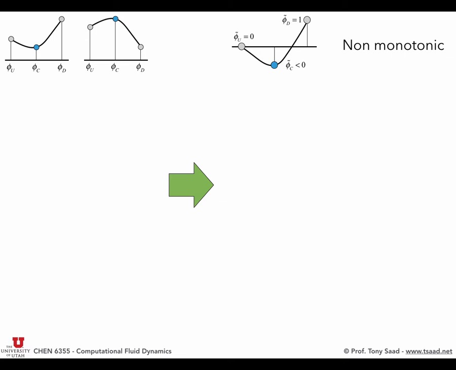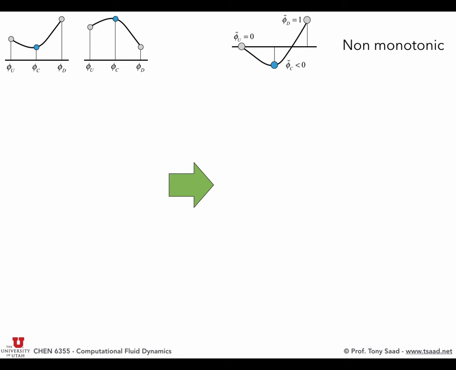This is the upwind with respect to C, and this is the downwind with respect to C. The value of phi tilde upwind is always 0, because that's the normalized value. You're at this cell, and this is the upwind, right?